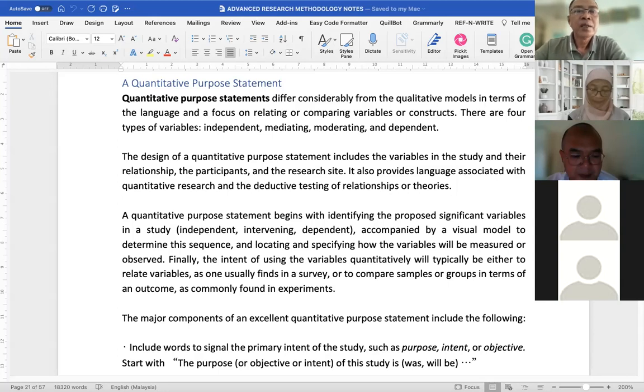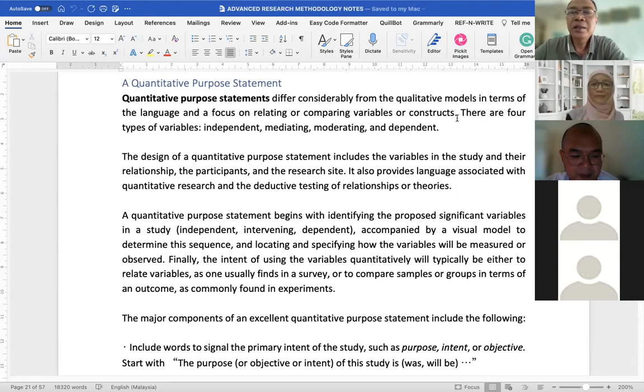In quantitative research, when we write research questions and research problems, RQ and RO, research questions and research objectives, usually we base them on the theoretical framework, like I showed you at the beginning of the lecture.